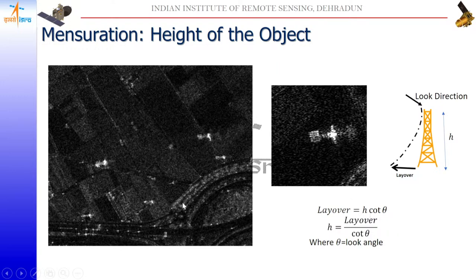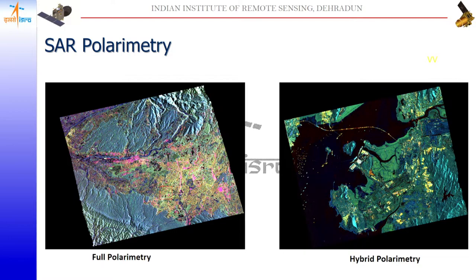But it is very difficult in a city, because there are a lot of urban targets and layover is happening here and there. So if it is a homogeneous region with isolated targets having some height, there we can do a rough estimate of the target height using the formula.